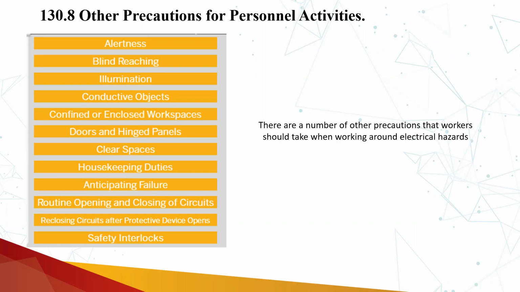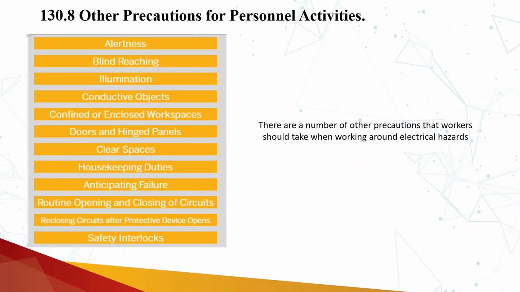Blind reaching means that in an area which you cannot see yourself, you should not try to reach. One example of blind reaching is if I'm trying to reach into some cabinets where the electrical wirings are, but I cannot see them myself, and I'm trying to reach into that area with my hands or tools. That falls under blind reaching.